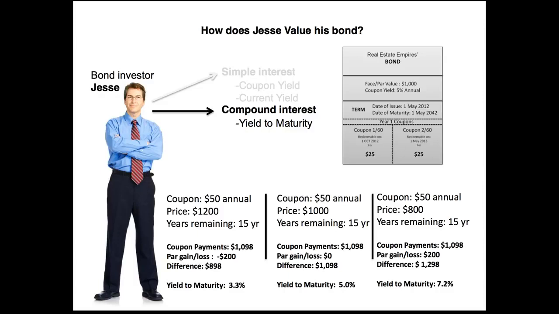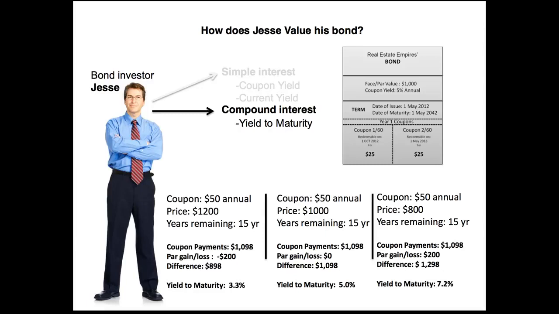So under the compound interest, let's look at the yield to maturity. Now, as we talked earlier, when we were talking about the current yield, we weren't accounting for the difference that somebody would pay for a bond versus what the bond would be redeemed for whenever it reaches its term, and the face value is paid back to the investor.